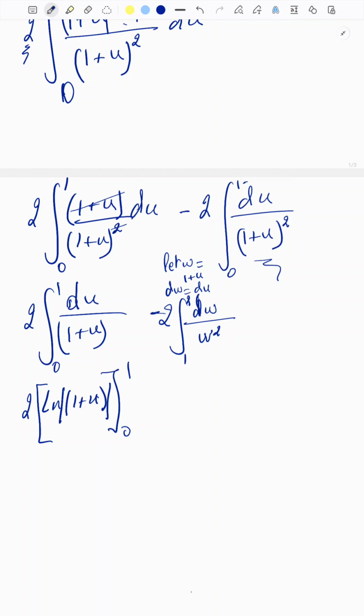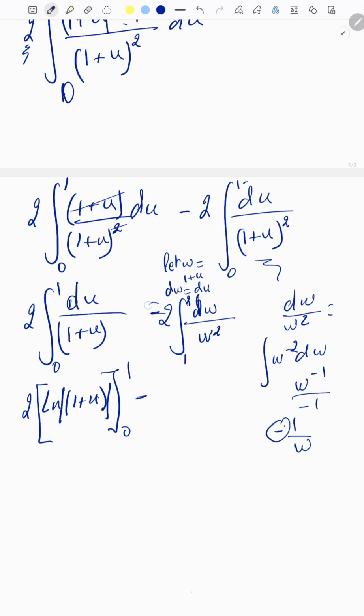That's why we put the absolute value. And minus, this I can rewrite here, dw divided by w squared. I can write it as w to the power of minus 2 dw, and the integral of that is w to the power of minus 1 divided by minus 1, so it becomes minus 1 divided by w.